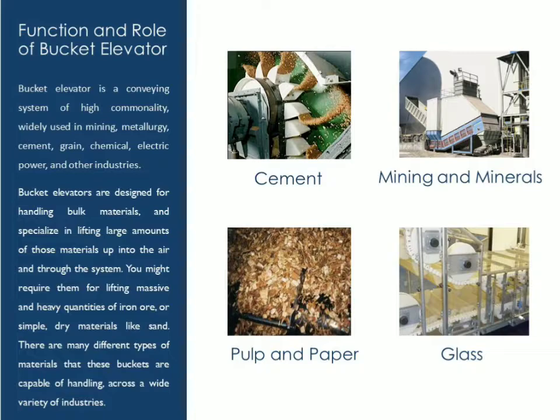You might require them for lifting massive and heavy quantities of iron ore or simple, dry materials like sand. There are many different types of materials that these buckets are capable of handling across a wide variety of industries.